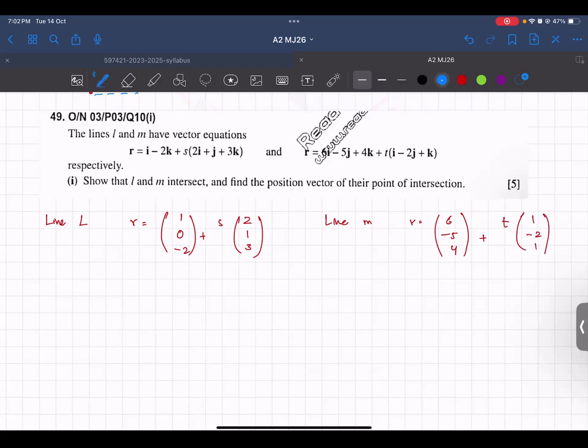We want to find the point of intersection, so definitely we would solve them simultaneously. But before solving them simultaneously, I will just simplify this. Line L is (1 plus 2s, 0 plus s, -2 plus 3s), and line M is (6 plus t, -5 minus 2t, 4 plus t).